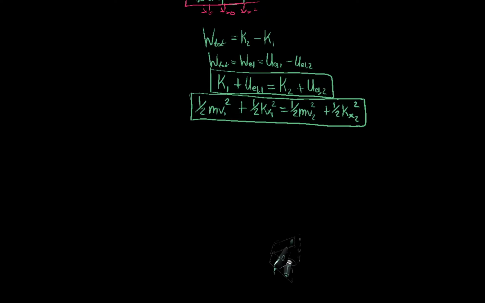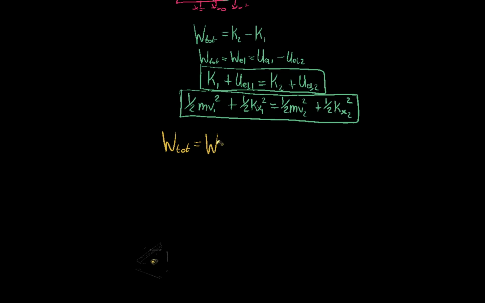If we have elastic, gravitational, and some other work going on, then the work energy theorem says that the work total is equal to the work from all of those things: W grav, work from gravity, plus the work done by the elastic force, plus the work done by whatever else.